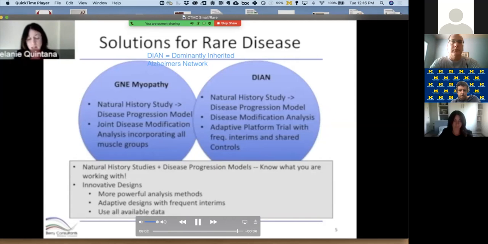You'll also see that we can get some power gains, and there are advantages to doing adaptive designs where we have more frequent interims to discern if we have reached early success and, because the treatment is so effective, enroll a smaller sample size. And also using all available data that we have, not just repeated measures, but potentially using the natural history data as a comparator to the treated individual.